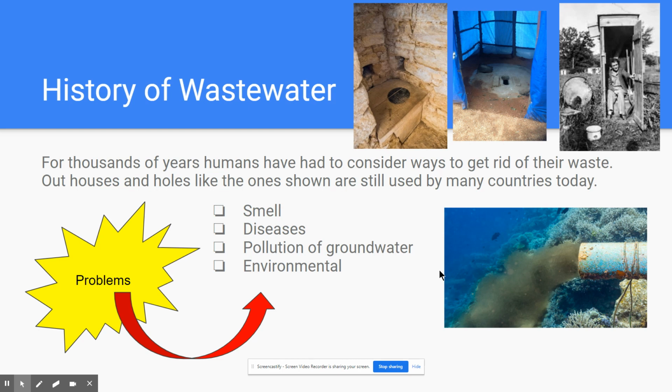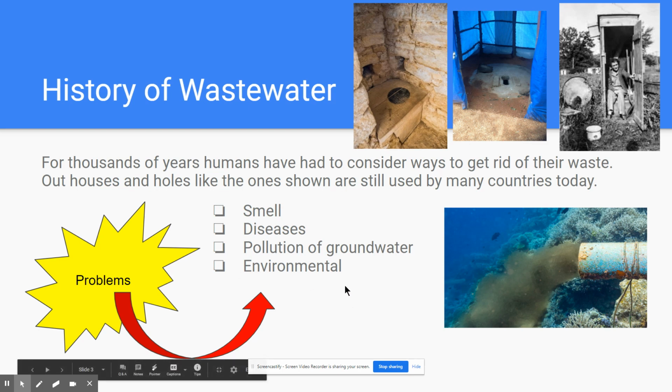But as you know, human population has increased dramatically in the last 100 years, whereas before there were not that many people on this planet, so treating wastewater wasn't necessary. So you could use things like outhouses, like this guy in the top right corner. There are still actually outhouses in use today.